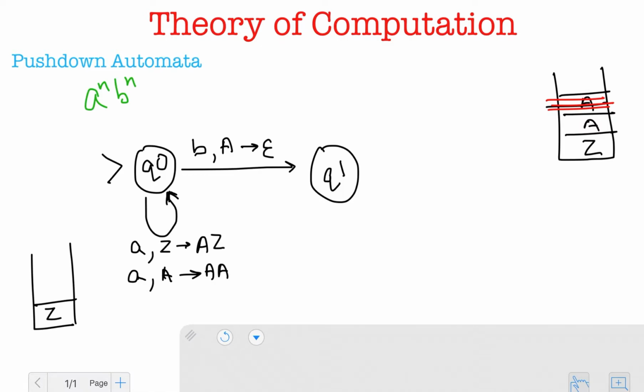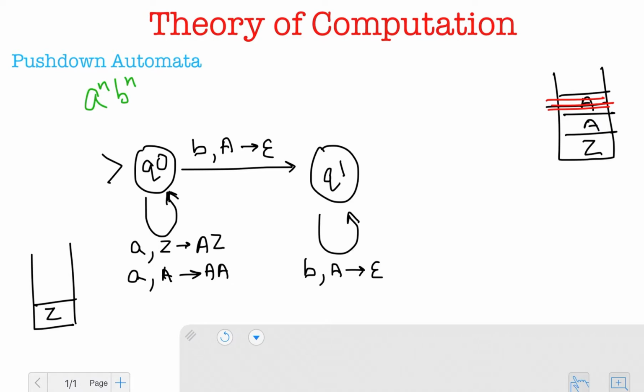So this gets removed from here, and now my stack will just contain one A and Z. So that's what I'm saying when I say that the stack top goes from an A to an epsilon and I move to Q1. Now until I keep getting B's, I want to stay at Q1. So I have a self loop at Q1 with a B, and my stack top should be A, and the stack top will go to epsilon. So I'm popping the top of the stack.